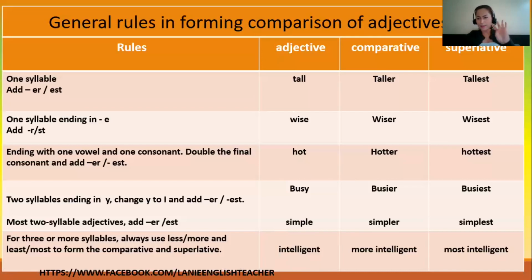So probably 4 syllables. Now, in this case, we will use either less or more to form its comparative. So it will become more intelligent or less intelligent. Now, for its superlative form, it will become most intelligent or least intelligent.